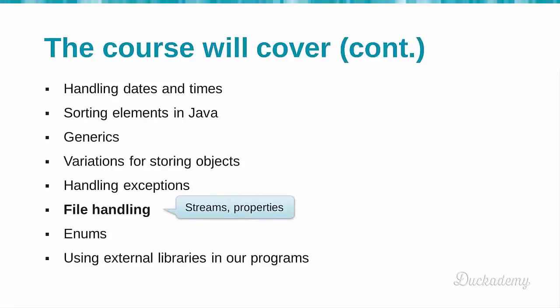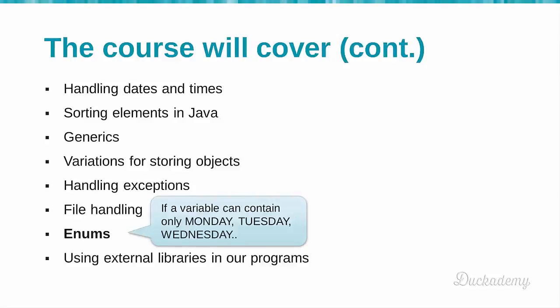How to do this and what this is. In the background of file handling, there are the streams: what the streams are, how to use them, and what properties are. Properties are for using ini files. And if a variable can contain only a specific set of values, then we can use enums. An example is the days: Monday, Tuesday, Wednesday.